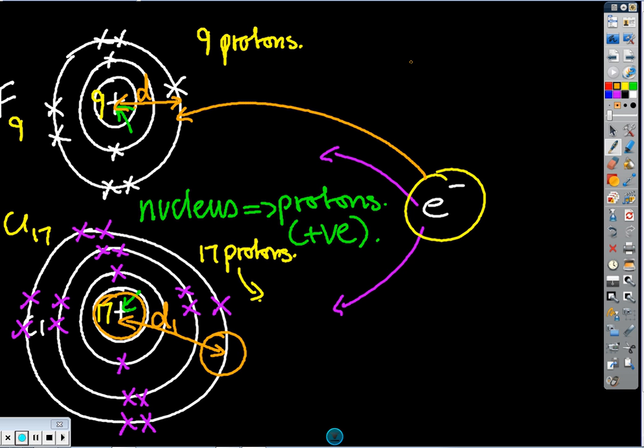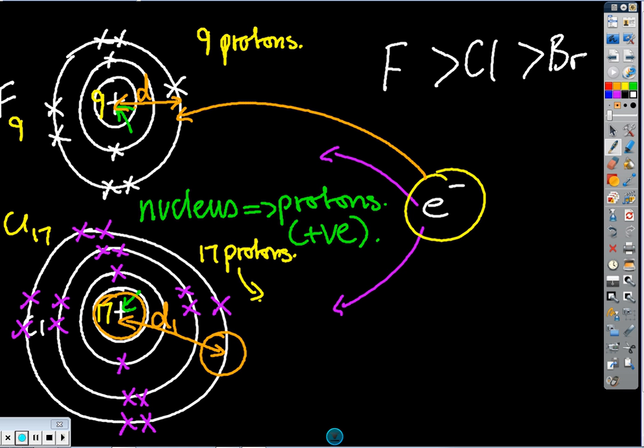So in terms of reactivity, fluorine is more reactive than chlorine, and we would say exactly the same again if we went further down to bromine. The same argument would be continued, and therefore bromine, because it has even more shells than chlorine, would be less reactive than the chlorine.